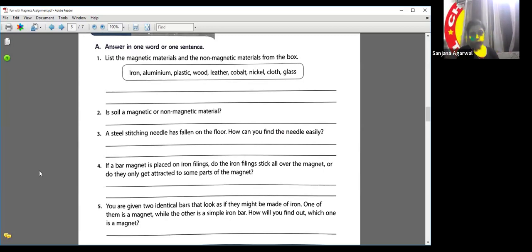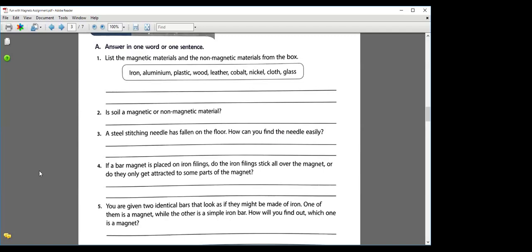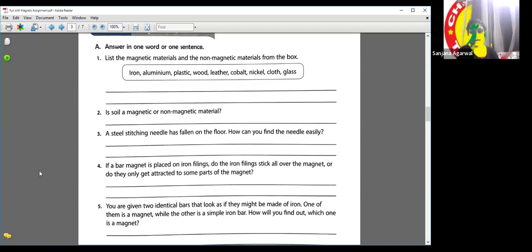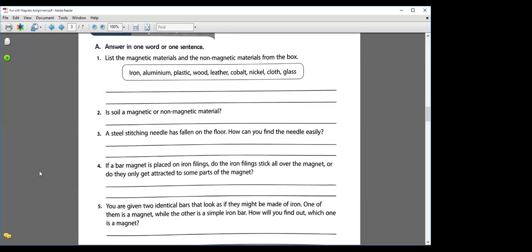Rocks have different minerals, different metals. So when air and water have an effect on the rocks, the rocks convert to soil. So a mixture of metals is present, and out of that mixture, most are magnetic. Whenever you place a toy magnet in the soil, you'll notice that some soil particles stick to the magnet. So yes, it is a magnetic material, because of rain and other agents, rocks become smaller particles.